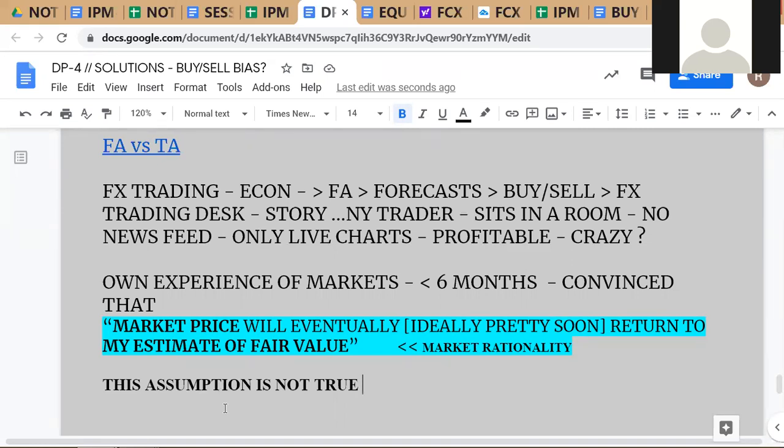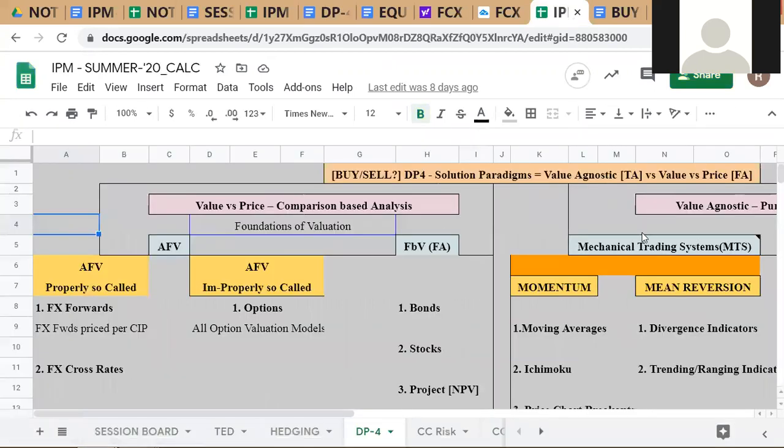So wherever you are in finance, most of the finance roles will require you to take some kind of view on markets, which means you'll have to face this problem in most finance roles.